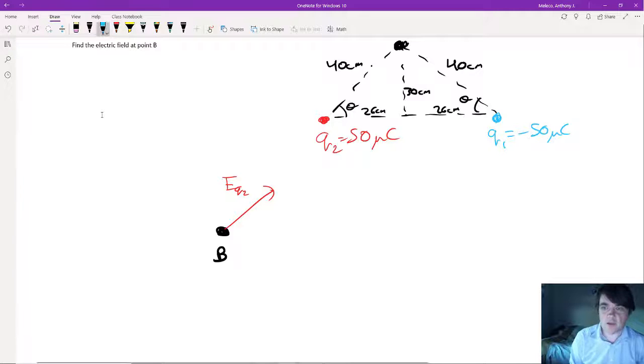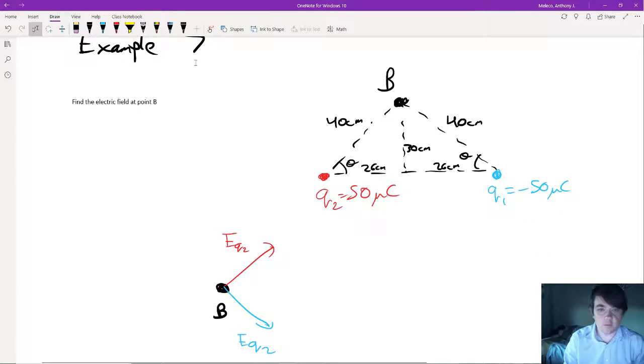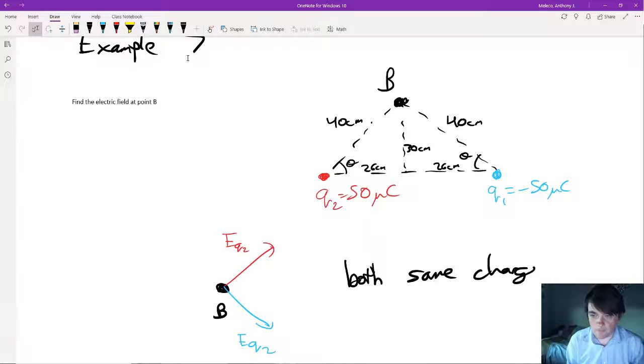And then you've got this guy that's producing an electric field that goes this way. Now, they're equal distances from the point, right? They're both 40 centimeters, so they have the same charge and same distance.